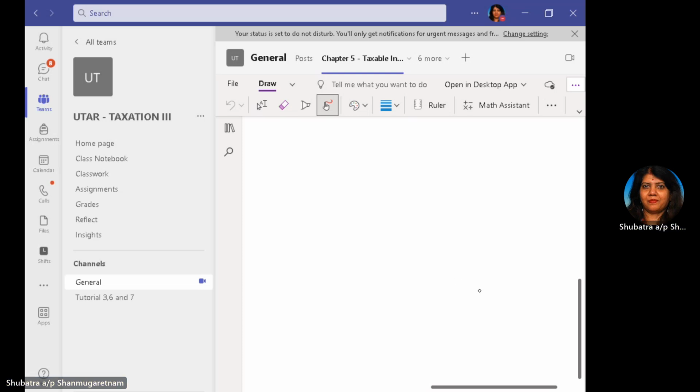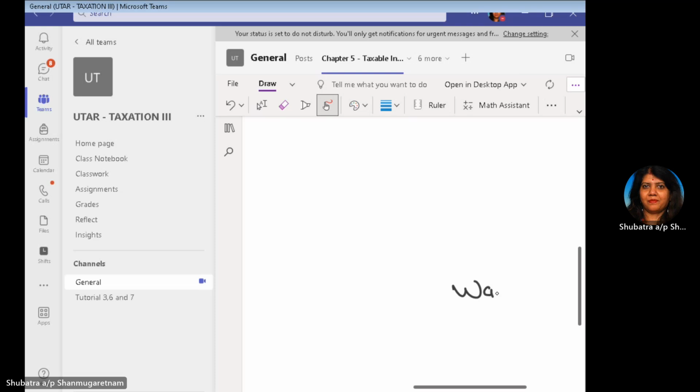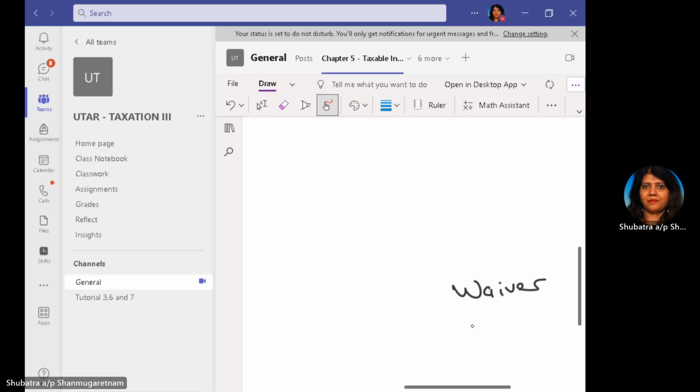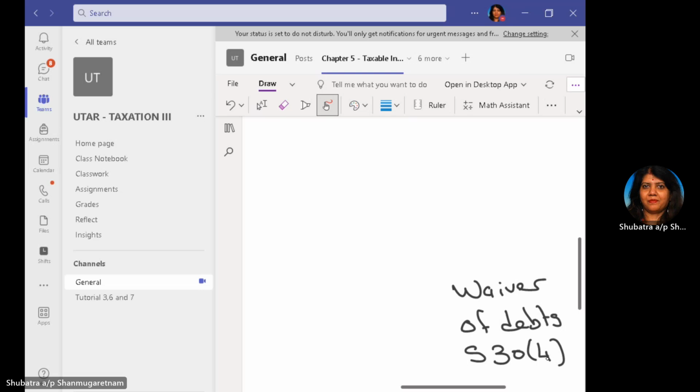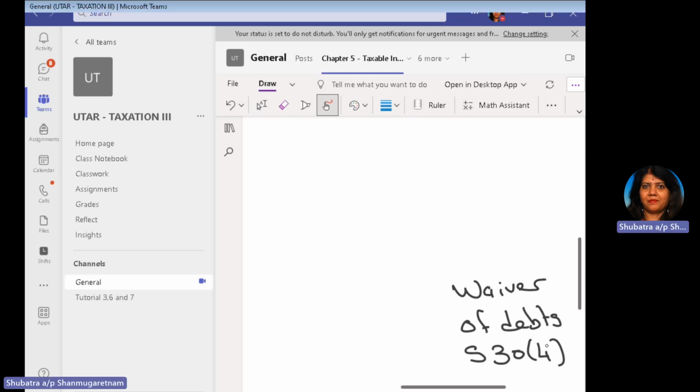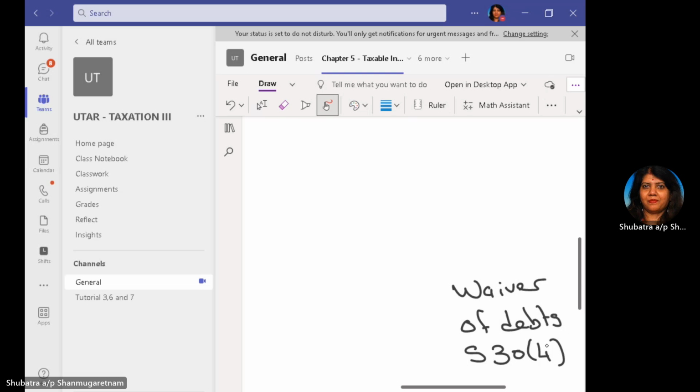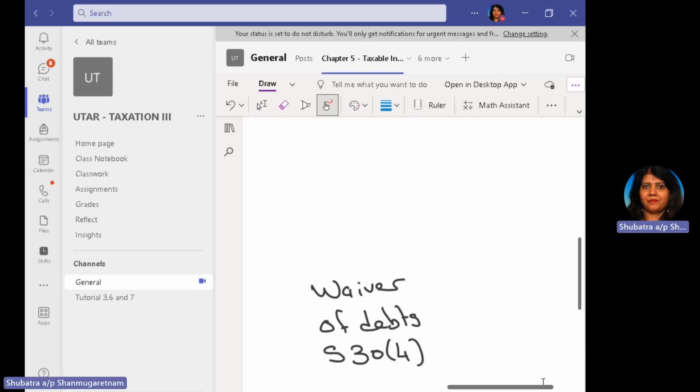Okay, waiver of debts. Section 30, subsection 4. Waiver of debts. Okay? So when you're talking about waiver of debts, you're talking about your haircut. Not your haircut lah, it's called a haircut. Alright?